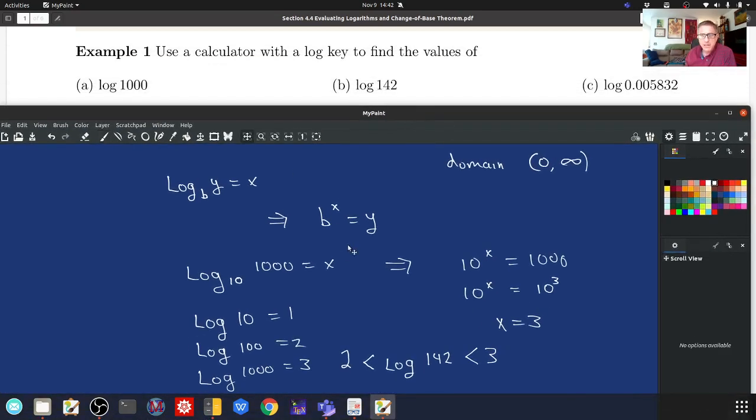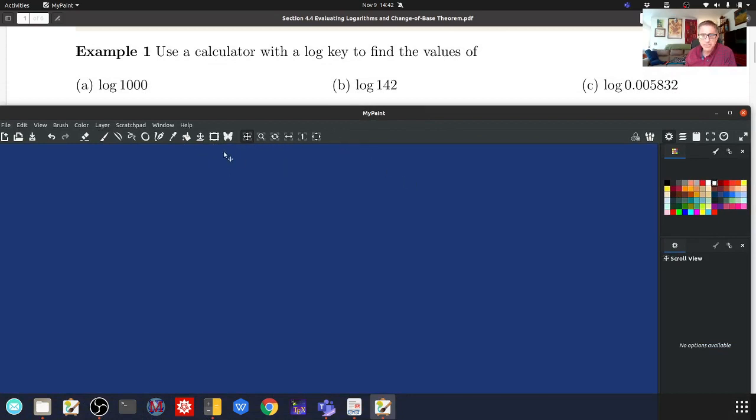So here is an interesting question. I'm going to pose it to you. We learned that log of some number y is equal to x.